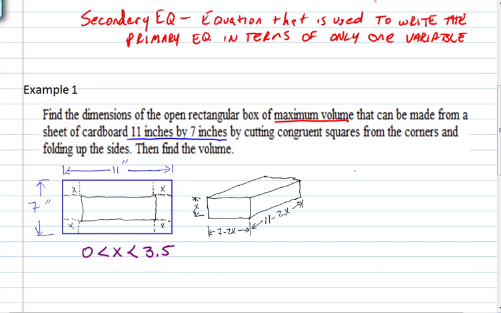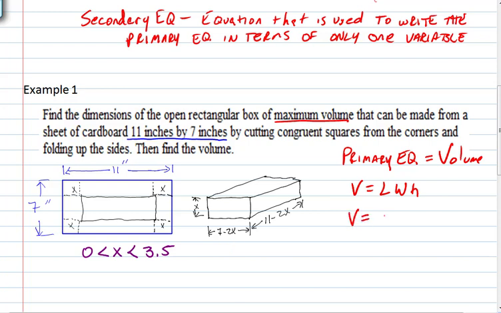Okay? So our equation that we're going to maximize here is going to be the volume. Our primary equation is volume. Volume is equal to length times width times height. Our secondary equations are going to be the sides in terms of x.